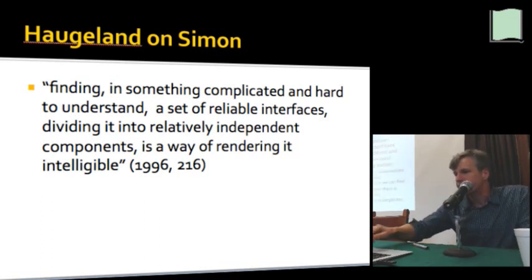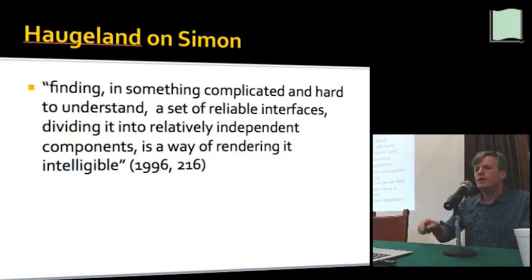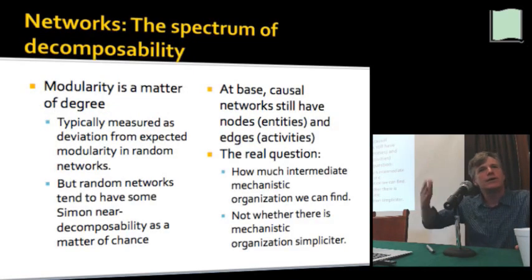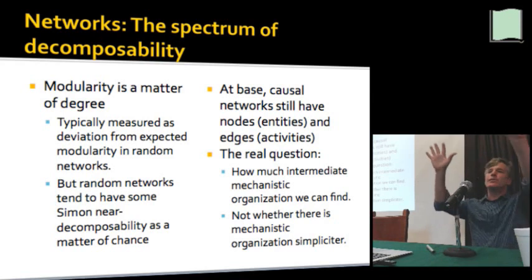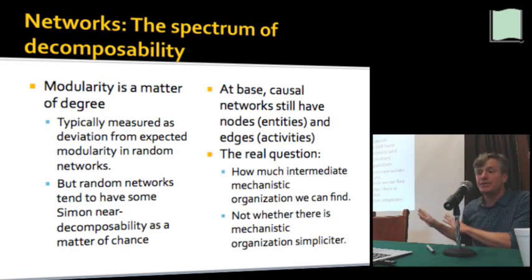One thing to note about network analysis and the mathematics of it is that in that science, the notion of modularity is not an all or nothing description. It's a matter of degree. It's typically measured as deviation from the expected modularity in a random network, where nodes are just randomly connected with one another.